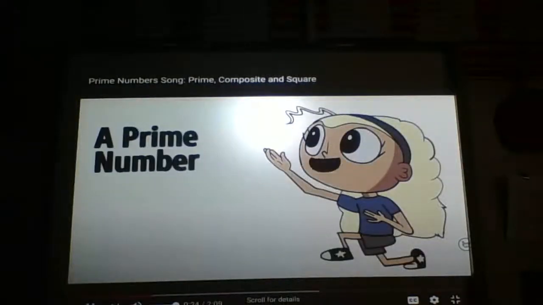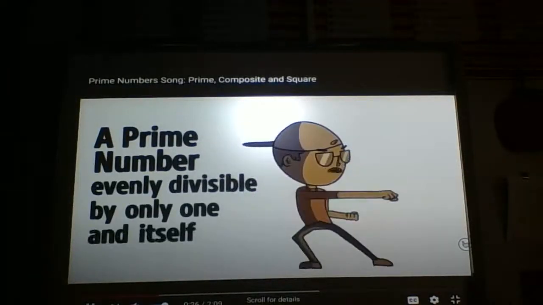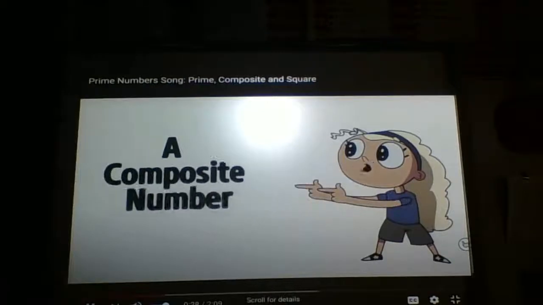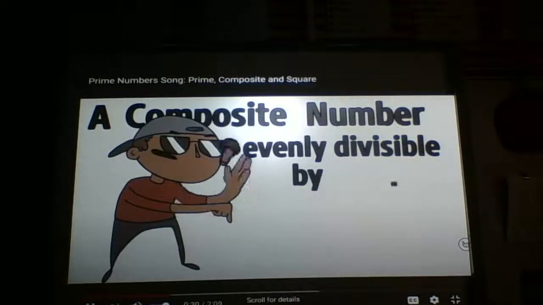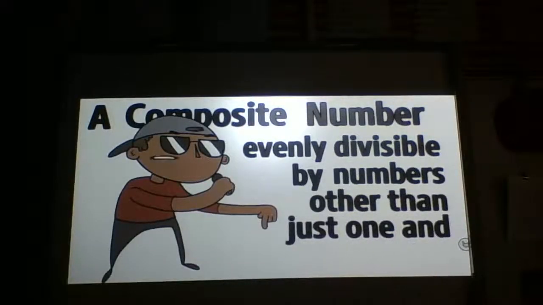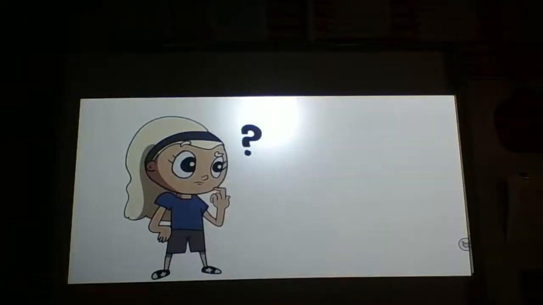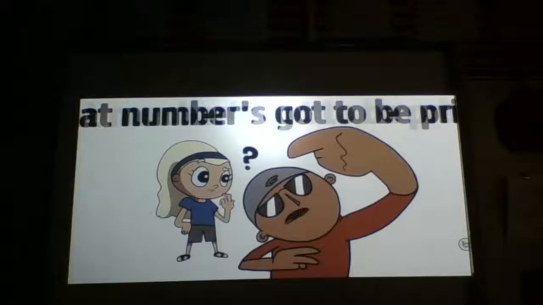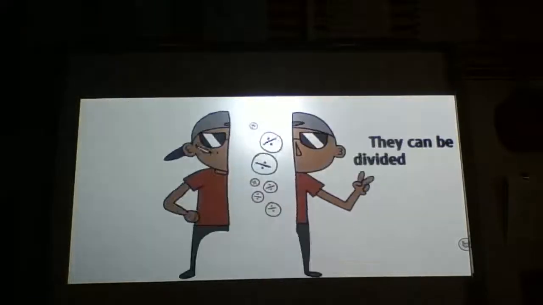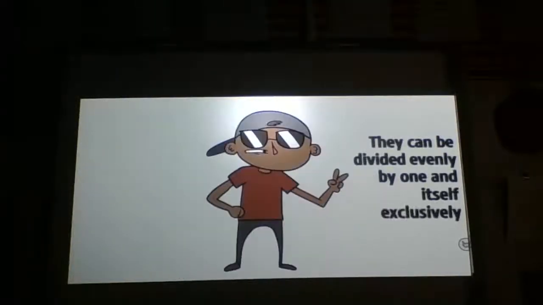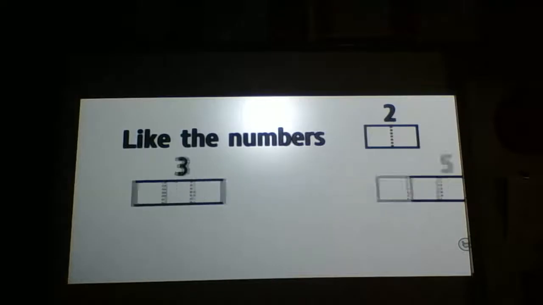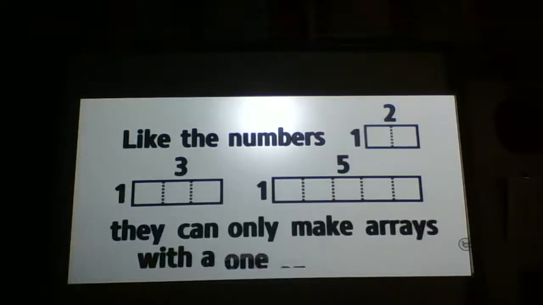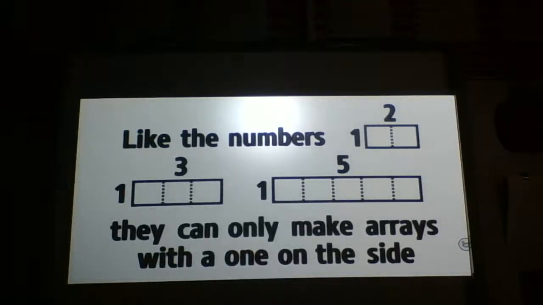A prime number has exactly two factors. A composite number has more factors than just one and itself. When 2 factors are all you find, then that number's gotta be prime. They can be divided evenly by one and itself exclusively. Like the numbers 2, 3, and 5, they can only make an array with 1 on a side.